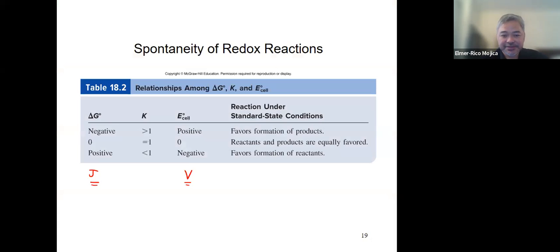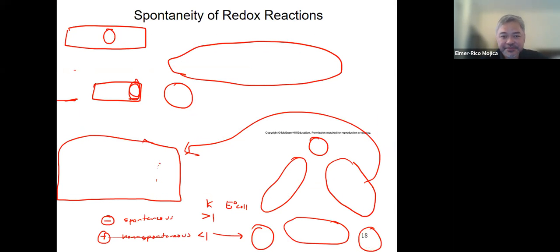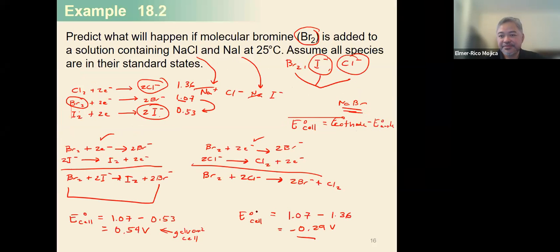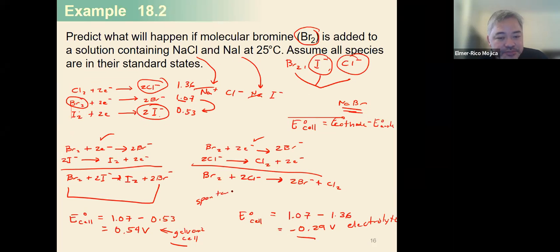Why? Because you can now have a cell potential that is negative. Remember this? What's the difference between the two? This is a galvanic cell and this is an electrolytic cell. Which one is spontaneous between the two? Anyone? Galvanic cell. So this is the one that is spontaneous, and this is the one that is non-spontaneous.